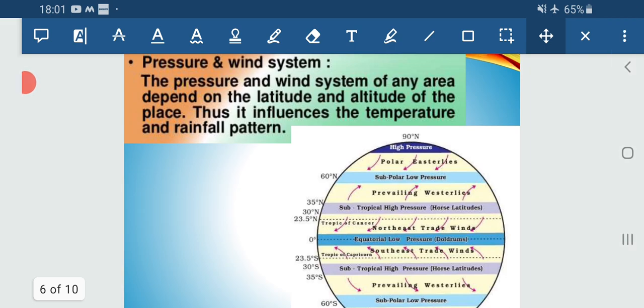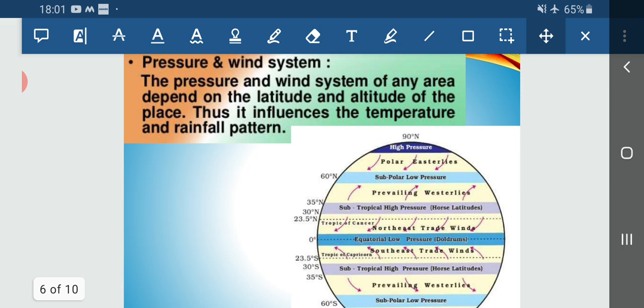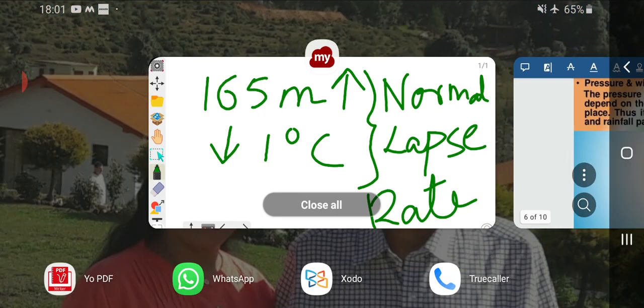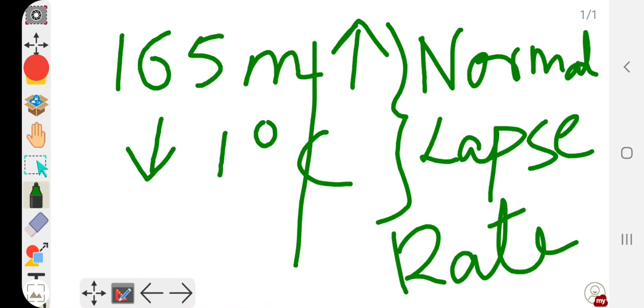The third factor is pressure and wind system. Now let me just use my whiteboard once again. Pressure and wind system. Now what does this indicate?